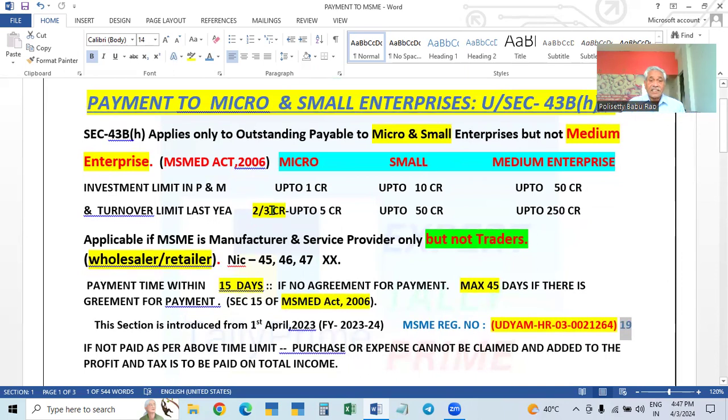In such a case, it is called a digital business. If they accept more in cash, then it is called non-digital. So in the case of digital, 3 crores is the minimum limit, and for non-digital, 2 crores is the limit. If the turnover is below these, this section is not applicable.